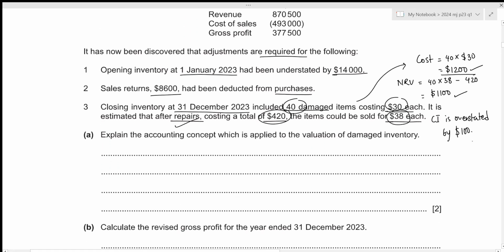Let's take a look at the first part. We need to explain the accounting concept which is applied to the valuation of damaged inventory. We always apply the prudence concept.